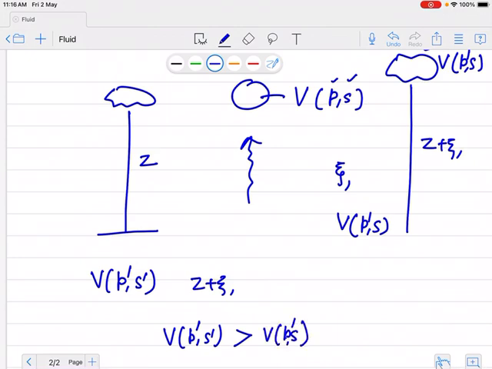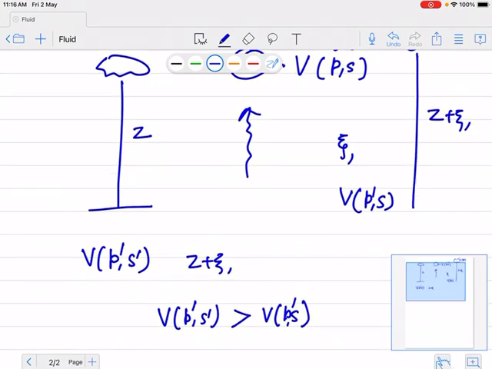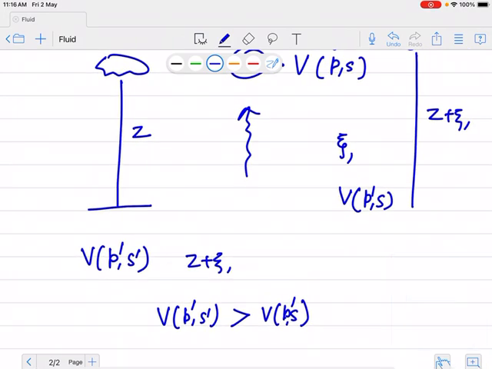Then it comes back. So it is the stability condition.